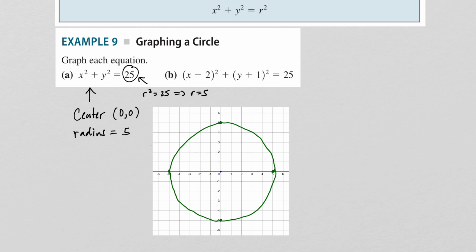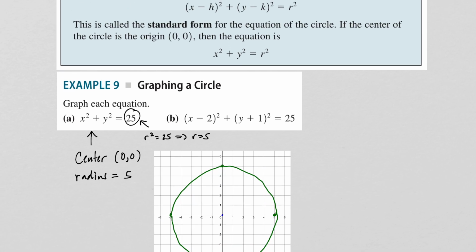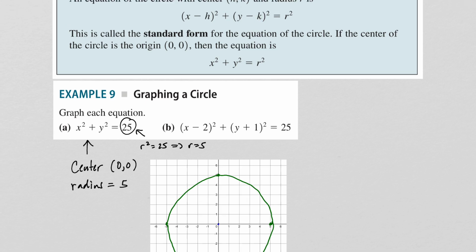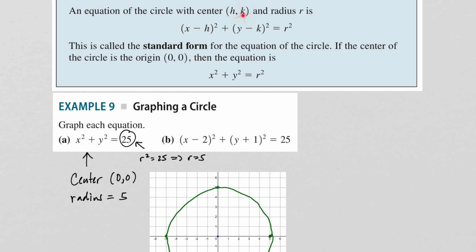Now, what about part B? What's different about part B? You can see it's equal to 25, so once again, the radius is going to be 5. But now the center is a different point. We need to keep in mind that the formula says x minus h and y minus k when the center is (h, k).